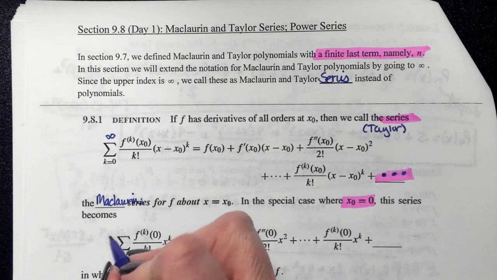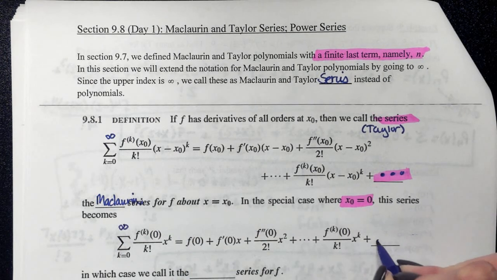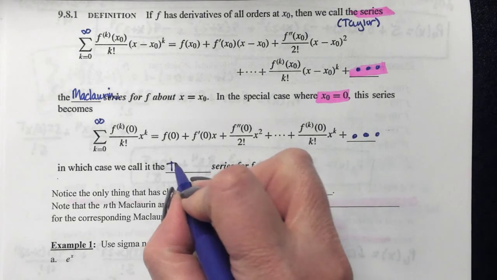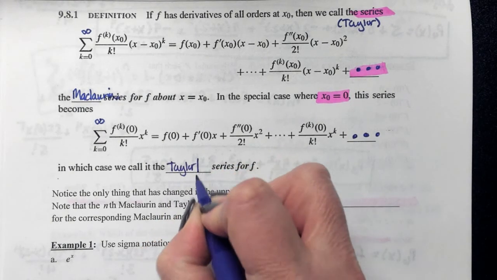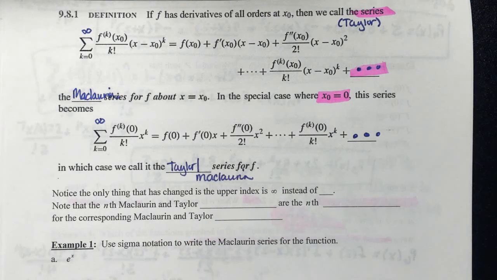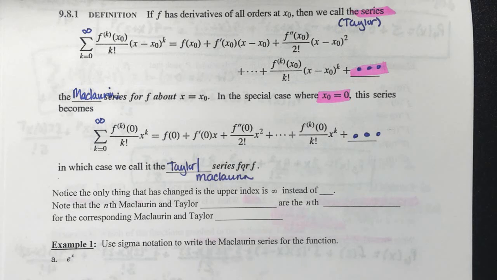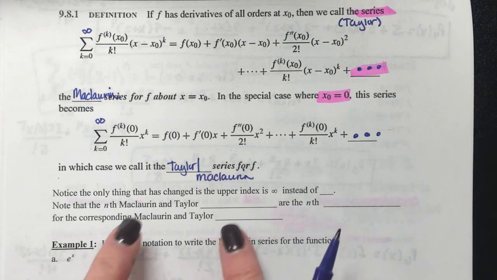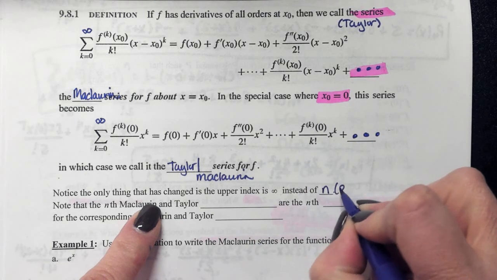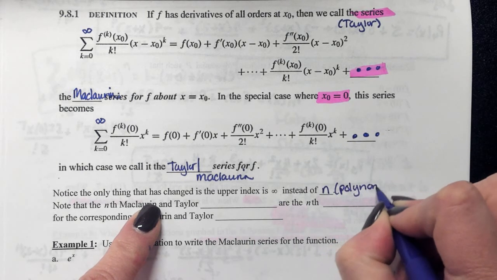You still want to make sure that the upper index is infinity, and you have your plus dot dot dot at the end when we're talking about the series. Like I said, the only thing that's changed is the upper index is infinity instead of n. The n is used when you're writing the Taylor or Maclaurin polynomials.